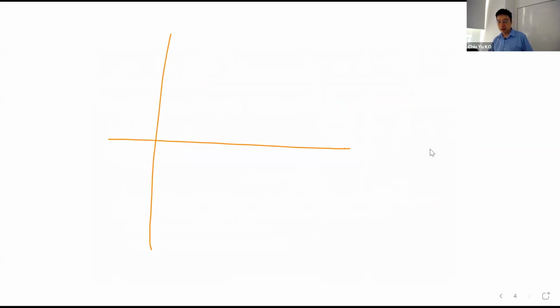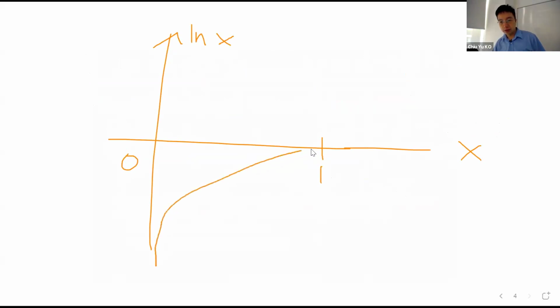This is log of x, okay? 1 is here, 0 is here. High school math, what is the shape of this graph? Log cannot go negative, so it looks like this. You recall? It just goes to 0. Log 1 is 0. Of course, you go up as well, something like that, all right?